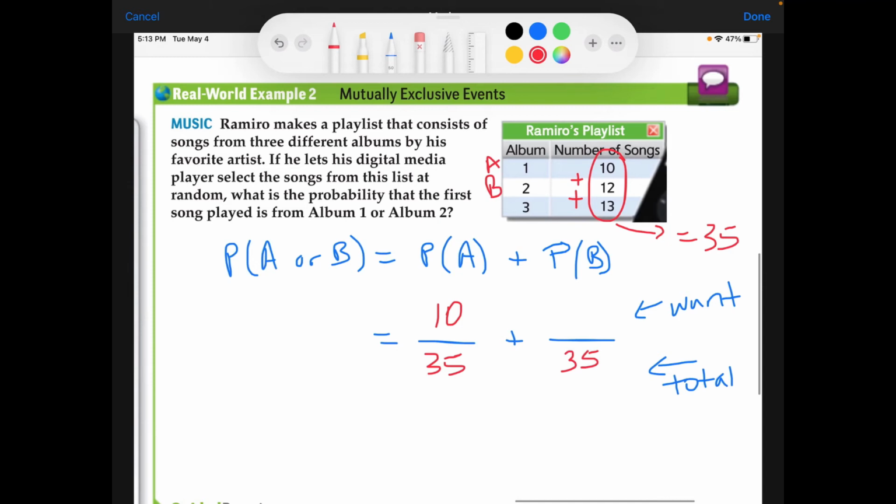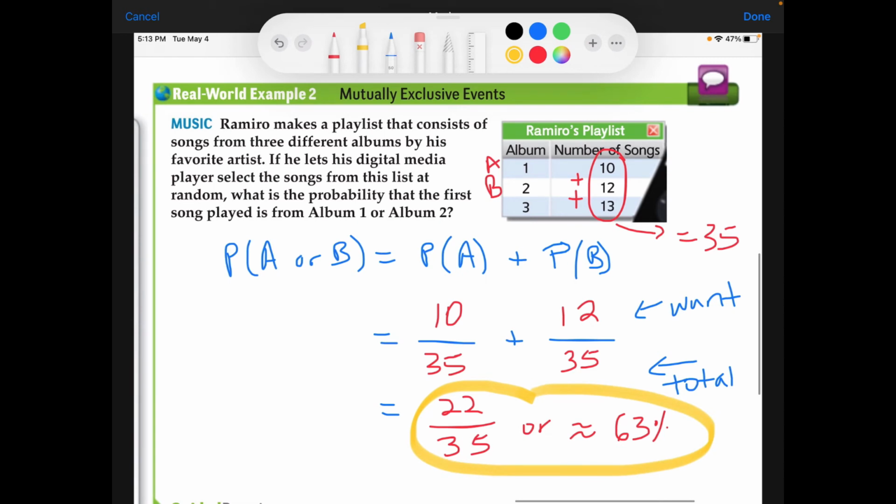That'd be 12, correct? And so the probability that the first song played is from album 1 or album 2 is going to be 22. So we then combine these two and we get 22 over 35, or about 63% chance.